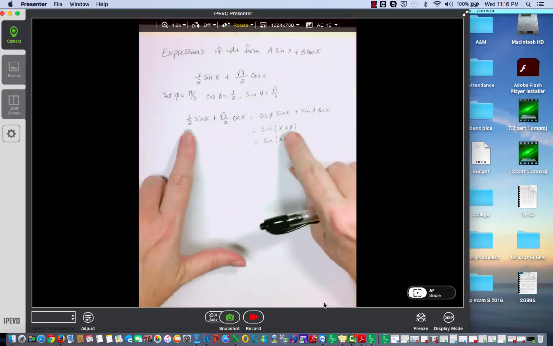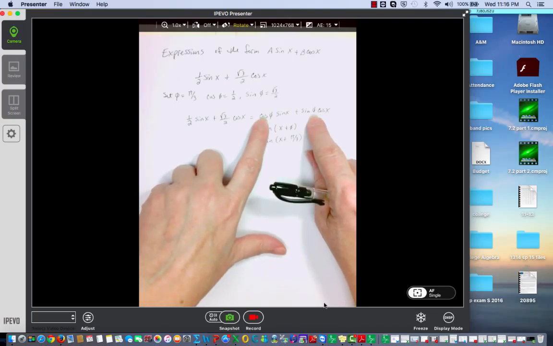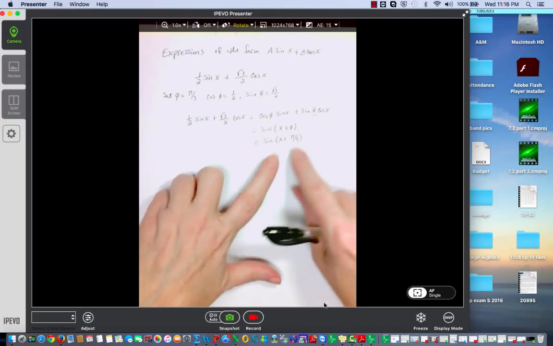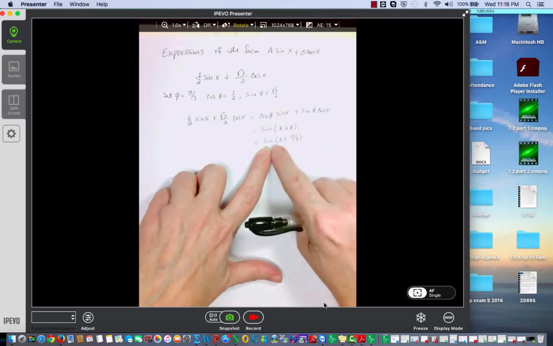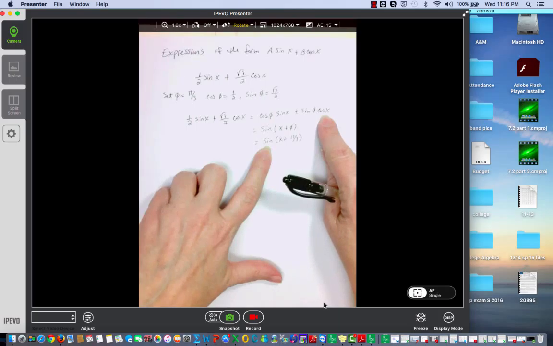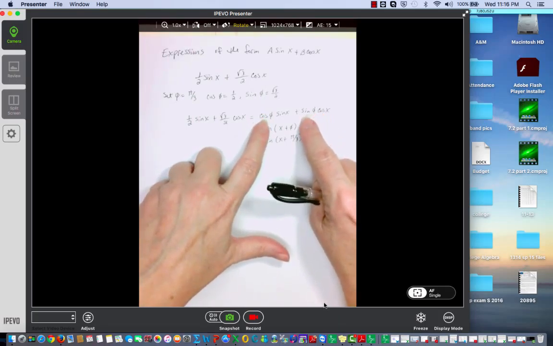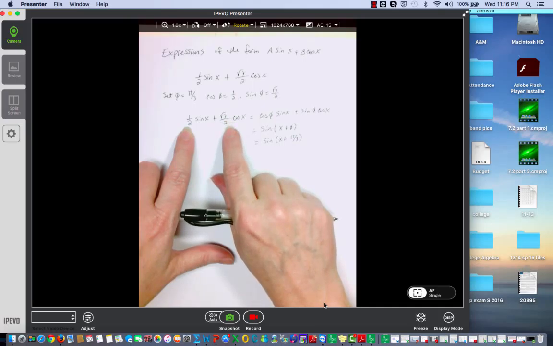So we chose that 1/2 and the square root of 3 over 2 because it fits what we're trying to do. Because for the sine addition formula, we need cosine and sine plus sine and cosine. Because these two values were already here, we need the cosine and the sine value. So basically we're doing a substitution.